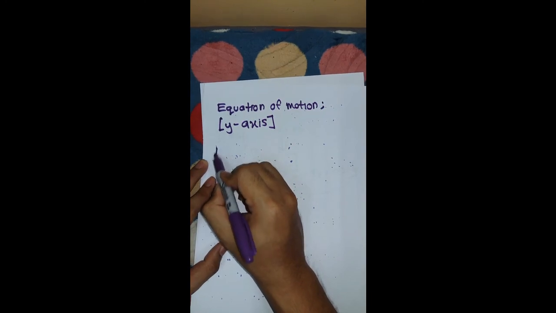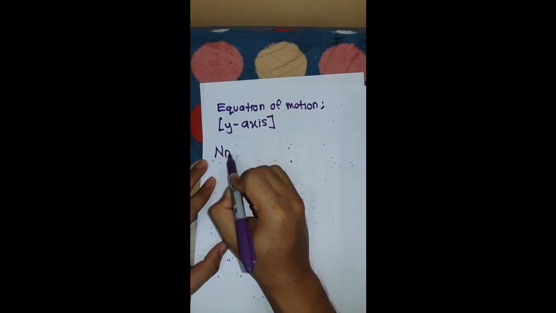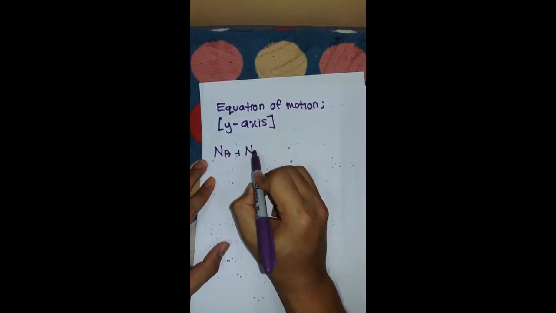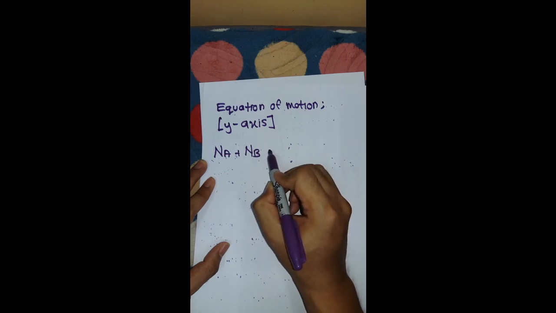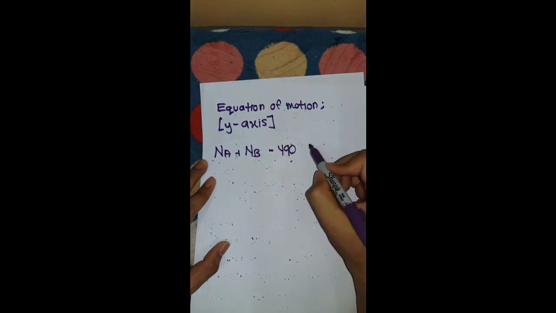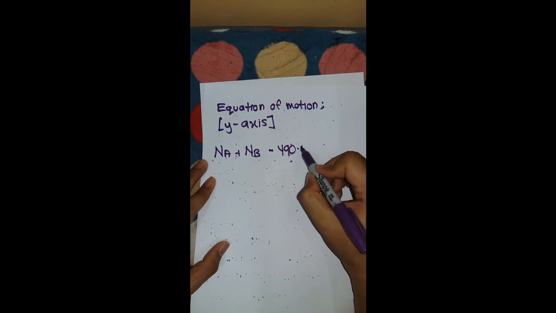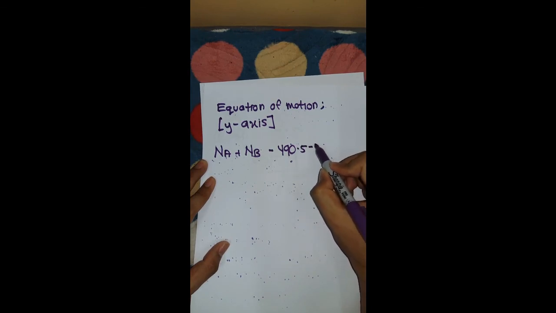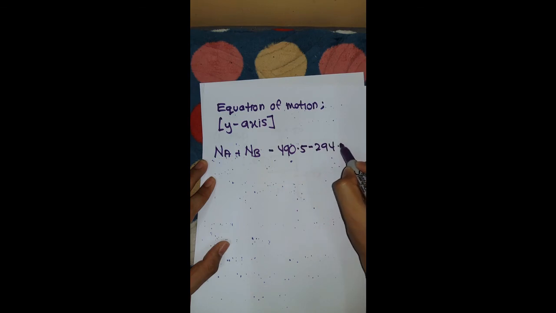At y-axis we have NA plus NB minus 490.5 minus 294.3 equal to 0.